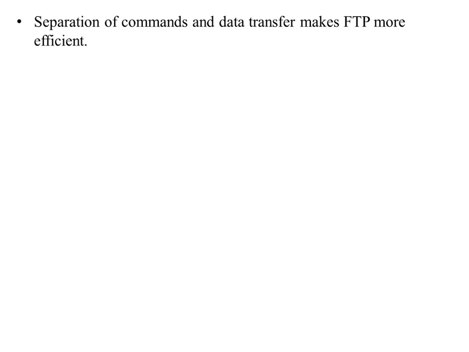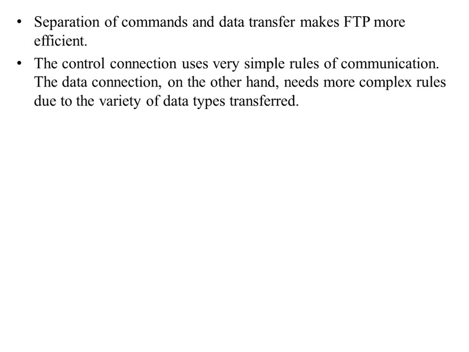So how does FTP actually work? Let us try to understand it. First, the separation of the command and the data transfer makes FTP more efficient compared to other processes. These two processes are separated out, which is why FTP becomes more efficient.